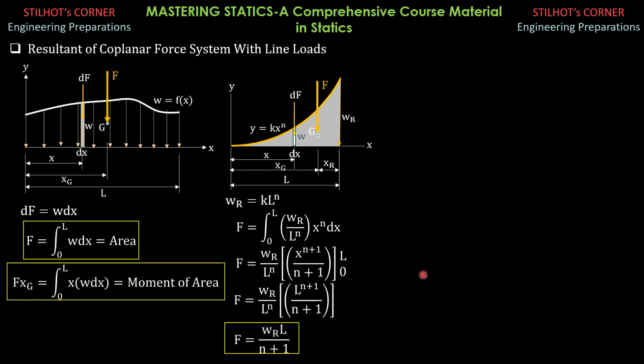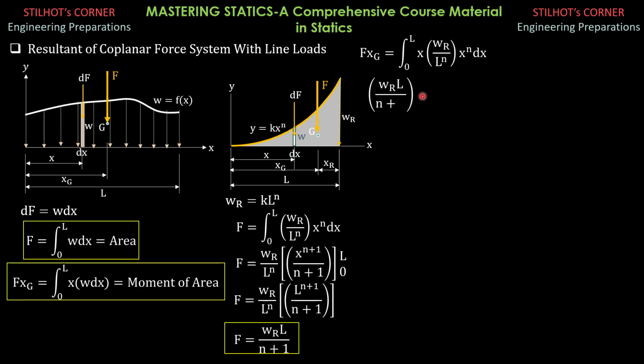So that's it. Then next, we derive xg by Varignon's theorem, or from this principle here. F times xg equals integral of moment arm x times differential force, WR over L to the n, x to the n dx. So the right side can be easily evaluated. That's x to the n plus 1. So the integral of x to the n plus 1 dx is x to the n plus 2 over n plus 2.